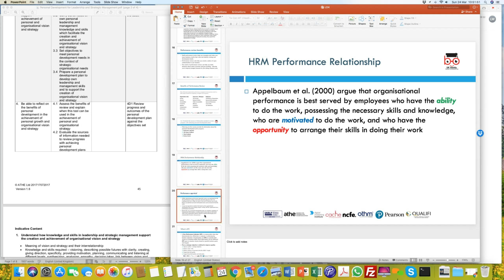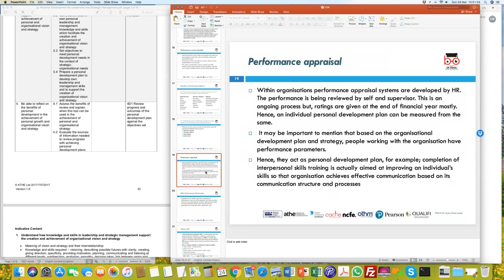So when we look at performance appraisals, HR plays a very central role. They are central because they are responsible for breaking down the organizational vision, mission, and key strategy given by the board, and translating that into a job description or day-to-day responsibilities for employees.